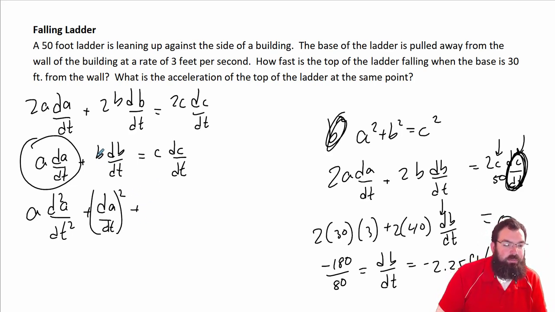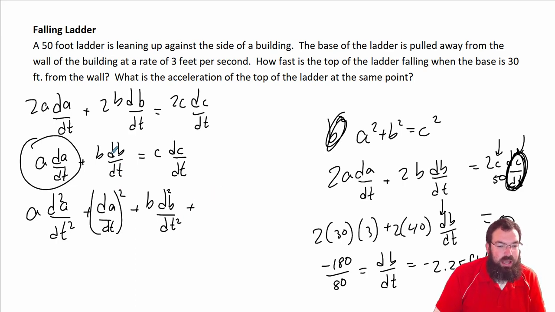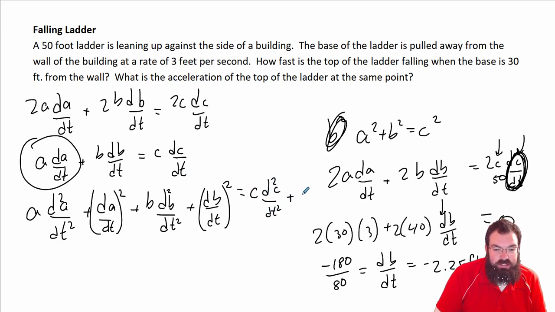Now the same thing applies for all of these, plus b d squared b over dt squared, plus the derivative of b, which is dB/dt, times the dB/dt that's there, so I get dB/dt squared, equals c d squared c over dt squared plus dC over dt squared.